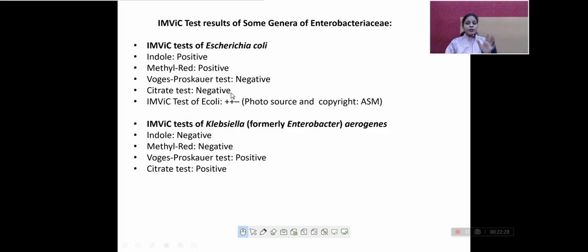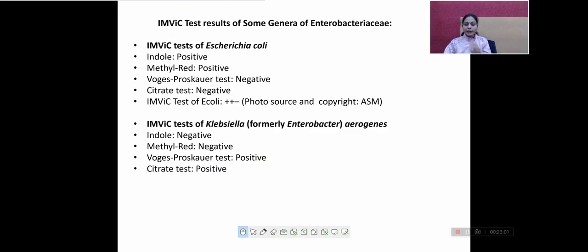IMViC test for Klebsiella. Here, the indole test is negative, which means there is no production of red color, because the tryptophanase enzyme is not present to break tryptophan into pyruvic acid. Kovac reagent only changes color when pyruvic acid is present, right? So the tryptophanase enzyme is not present.